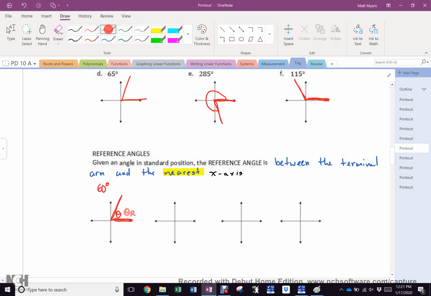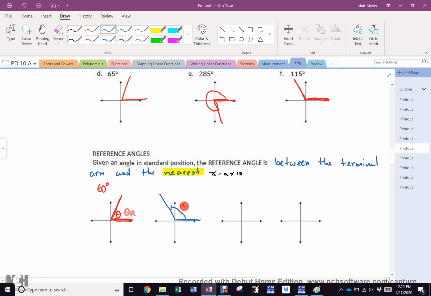120. 120 will start there, and we will count clockwise or counterclockwise from here. Counterclockwise. And when I stop, will I be closer to the x-axis or the y-axis? I will be closer to the y-axis because halfway would be 135, yeah? So I will come out here.